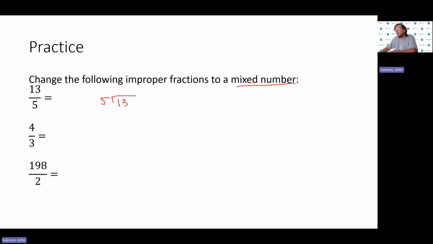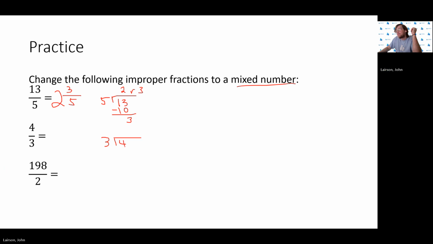How many times does 5 go into 13? It goes in there twice because 5 times 2 is 10. 3. Nothing to bring down, so that's the remainder. So it is 2 with remainder 3, and the bottom stays the same, 5. 2 and 3/5.